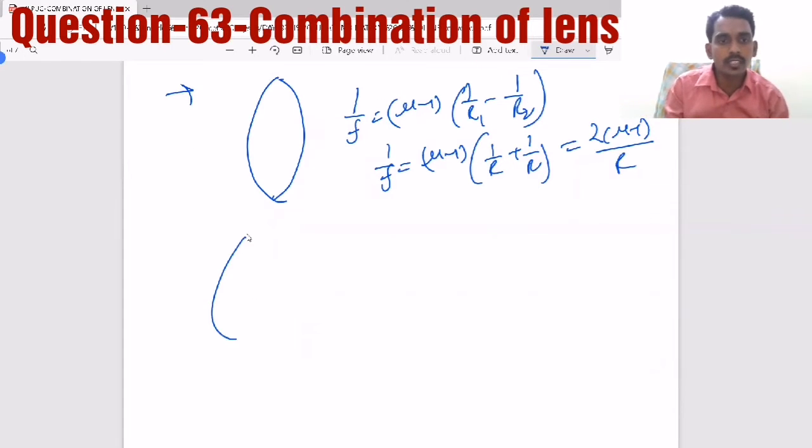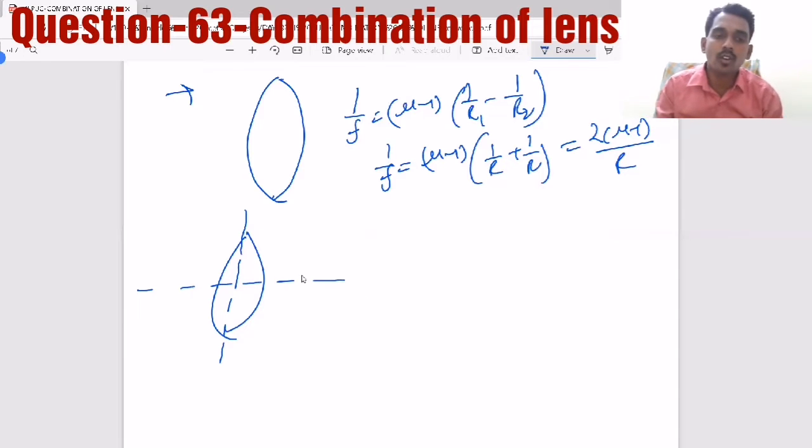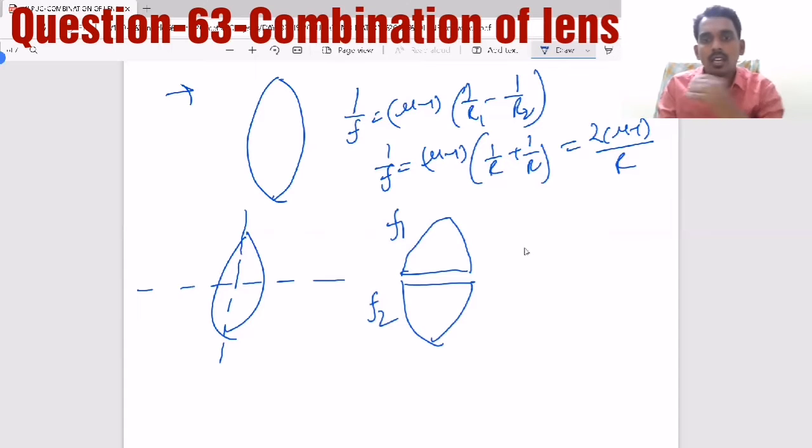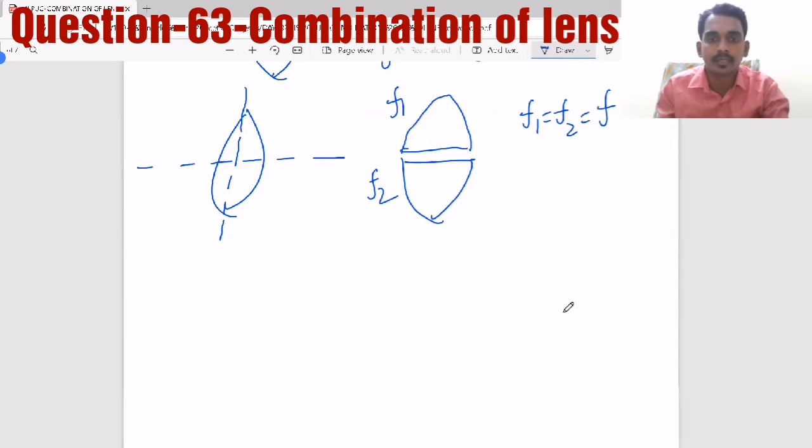Now you can cut the lens into two parts along the line perpendicular to its principal axis or along the principal axis. Suppose when you cut like this, then focal lengths will become f1, f2. Here the radius of curvature remains the same, r, so that f1, f2 both become equal to f.